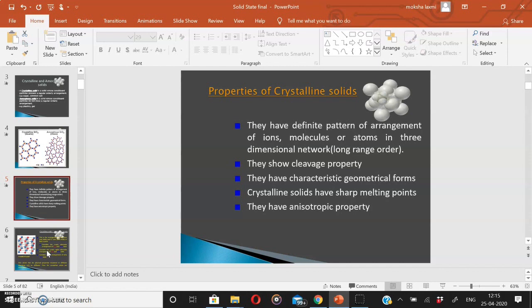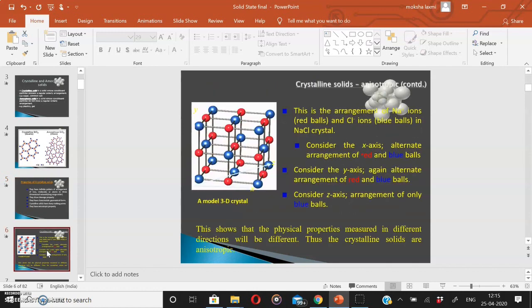That we will try to understand by seeing this figure of sodium chloride. In this figure you can see a 3D structure of sodium chloride, which is made up of sodium ions and chloride ions, where the arrangement of sodium ions and chloride ions in three dimensions follows a regular pattern.